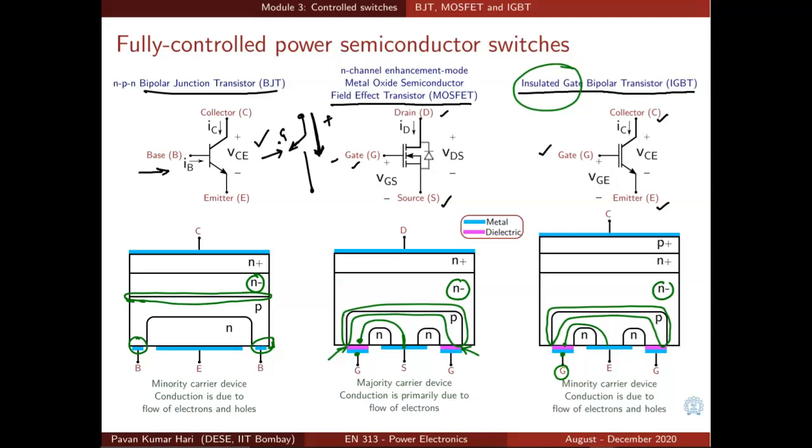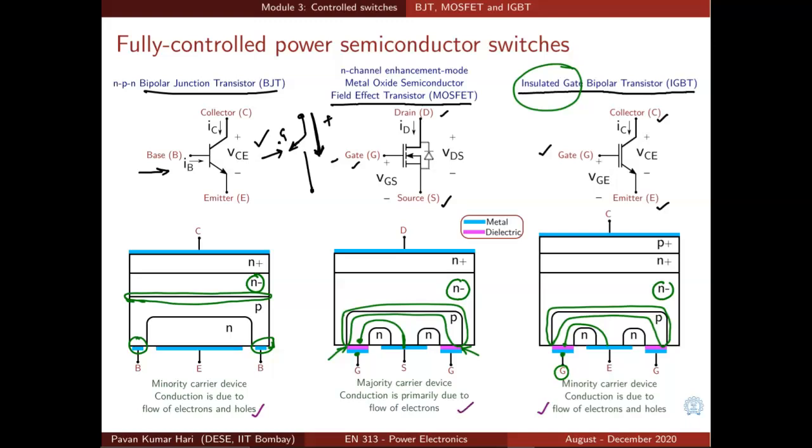And how does the conduction happen? The conduction happens due to flow of electrons and holes in a BJT and also in an IGBT, but the conduction happens primarily due to flow of electrons in MOSFET.